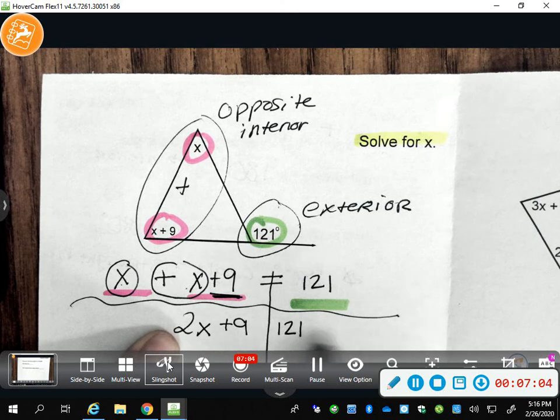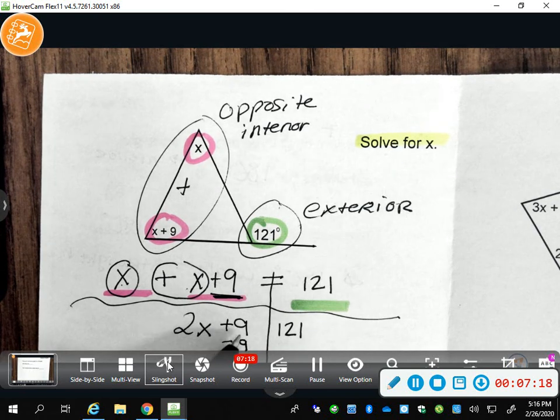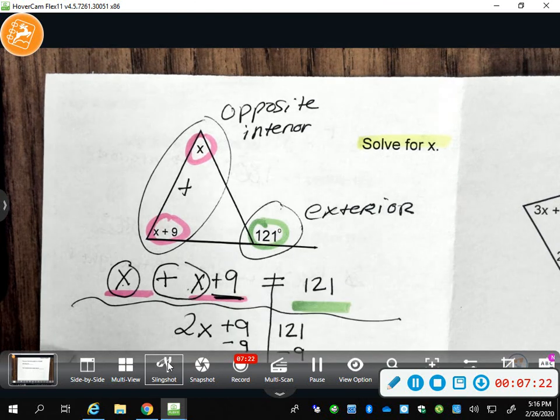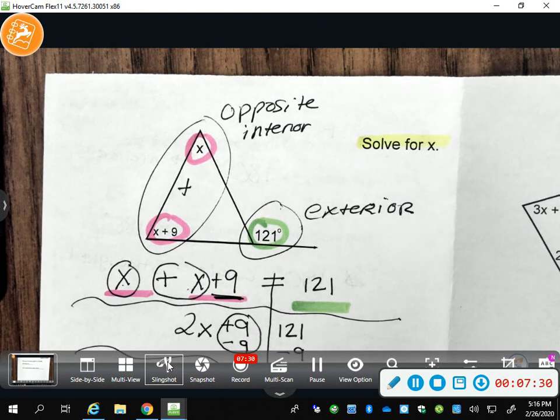I don't have any x's on the right. That means all of my plain numbers, my constants, need to go over to the right. To move something to the other side, we do the opposite thing. Opposite sides, opposite signs. So instead of having a plus 9, we'll minus 9 from both sides. We do that because on the left side, positive 9 and minus 9 make 0, and we'll be left with just 2x.